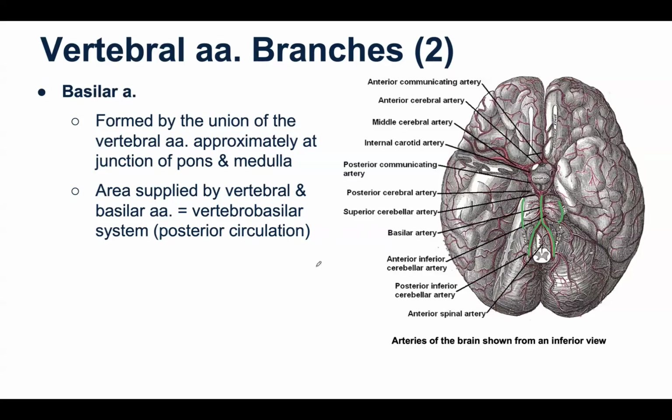Now, the reason you hear the term vertebrobasilar system is because the majority of the major branches actually come off of the basilar artery, so not so much the vertebral artery. You'll have some branches in that region, but really the bigger branches are coming off the basilar here.